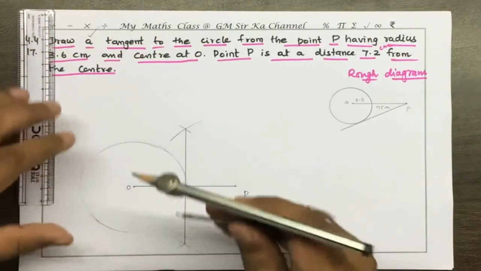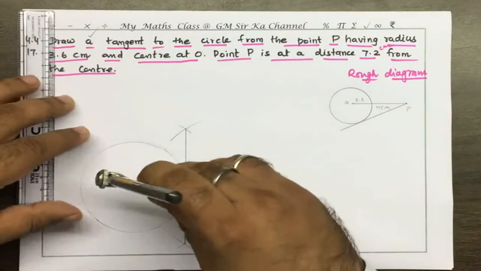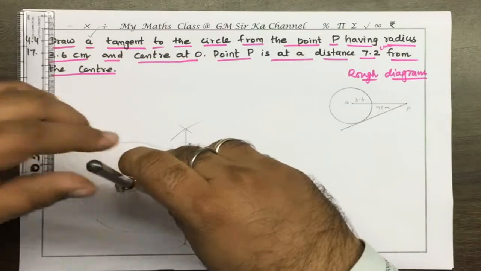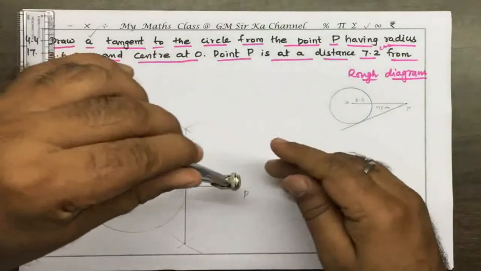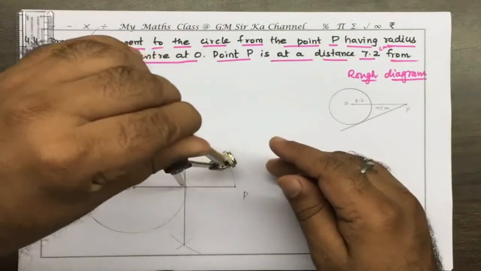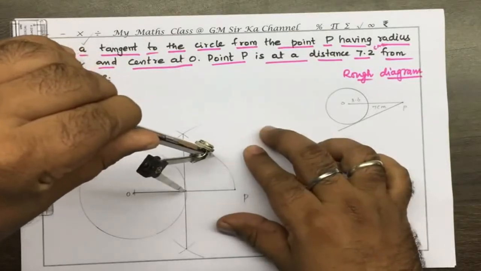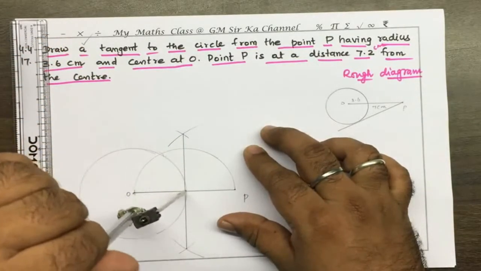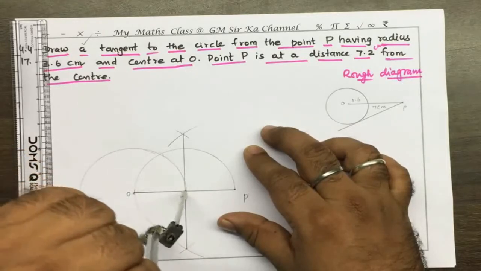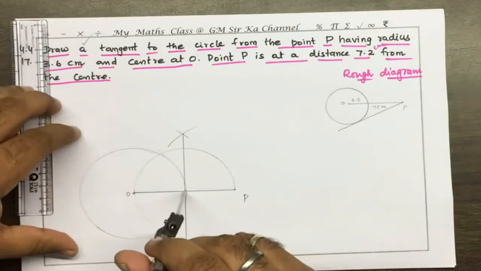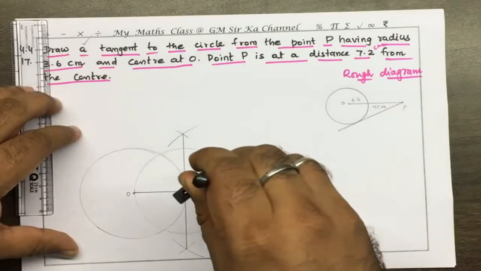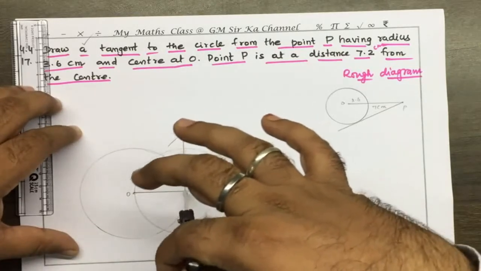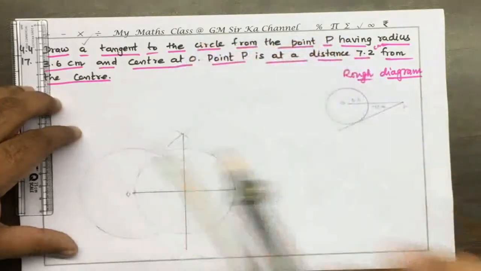From the midpoint of OP, we have to draw the circle which passes through O and P to intersect the previous circle at 2 points.